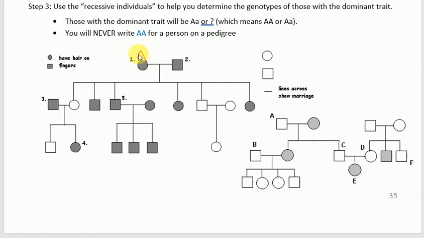And remember, we will never give two capital A's, two capital letters. So go through and label all of these shaded ones as heterozygous for the trait.